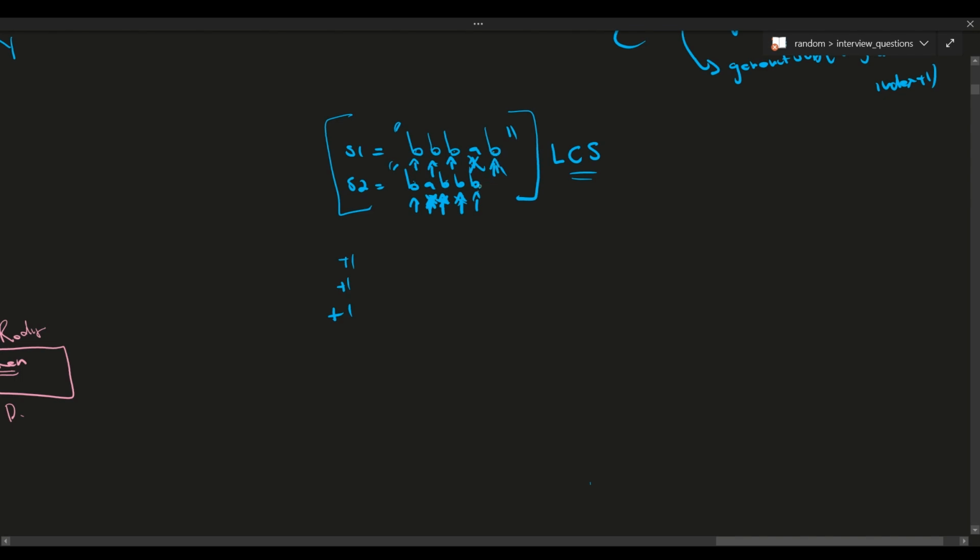Is this and this the same? Yes. So it's a plus one. So then your pointers will run out of bound. It will be out of bound. So this is going to be an edge case. So we can see that we got four. So this is correct. This is what we got previously.